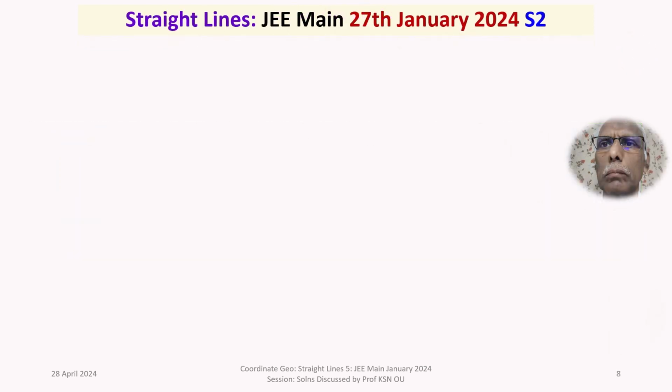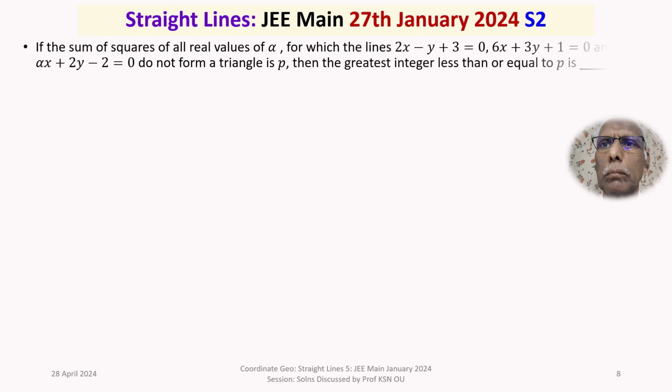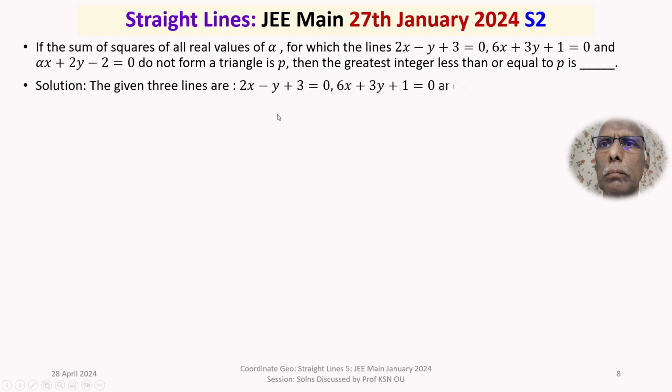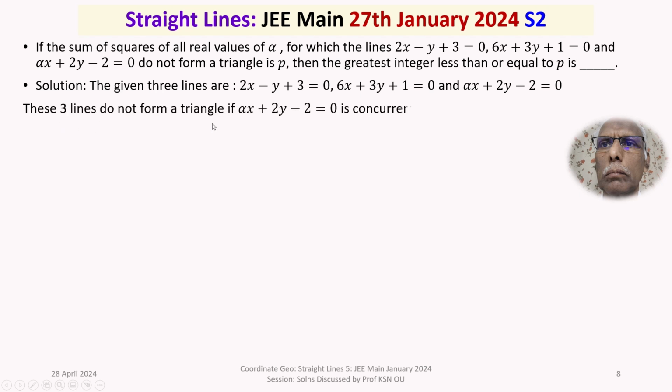Let's now discuss the solution of the problem in detail. The given 3 lines are these ones, and the equation of the third line contains alpha. And these 3 lines do not form a triangle when the third line containing alpha is concurrent with the remaining 2 lines, or parallel to either of them.